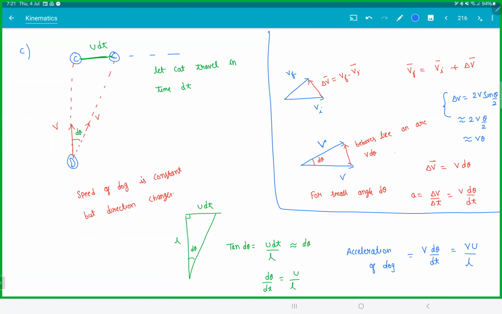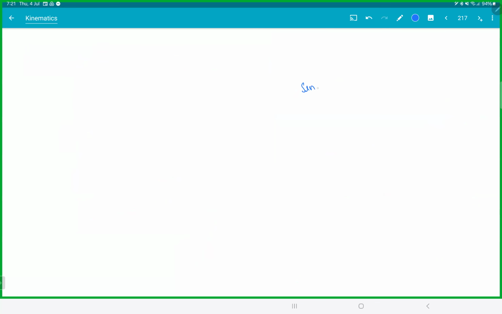Do you guys know that, right? Sine theta is theta for small angles. So if I give you sine 3 degrees, what is this? First convert this into radians. Sine 3 pi by 180, sine pi by 60.